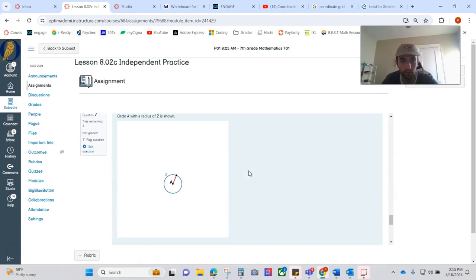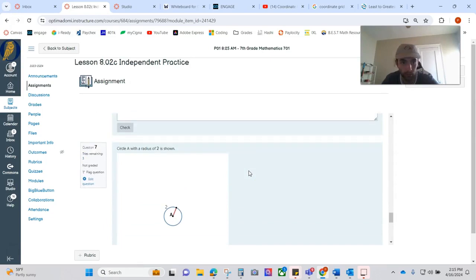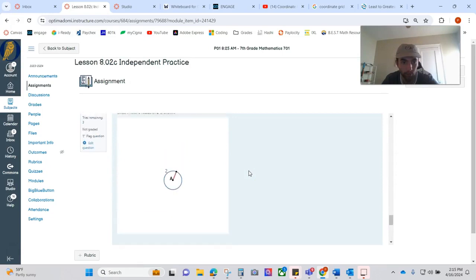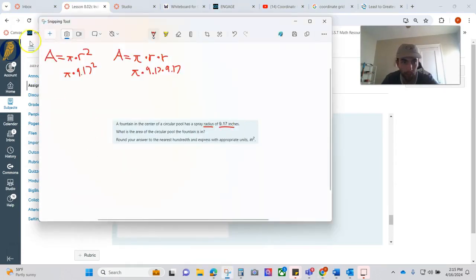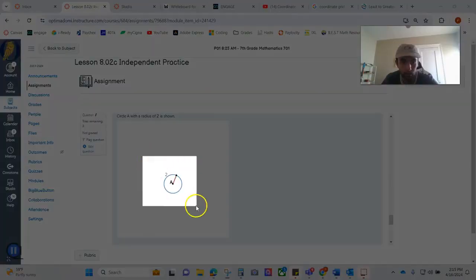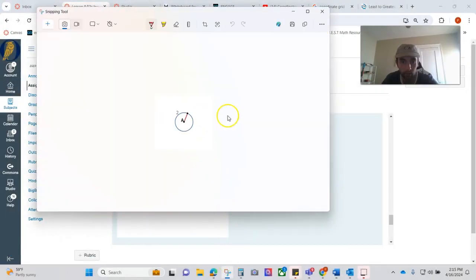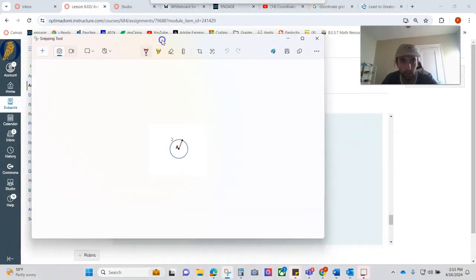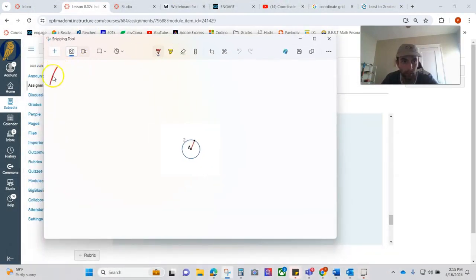Question 7. Circle A has a radius of 2 shown. What is the area? Express as an exact value of pi. So our radius is 2. We want the exact answer in terms of pi. To find the area of a circle, we do pi times radius squared.